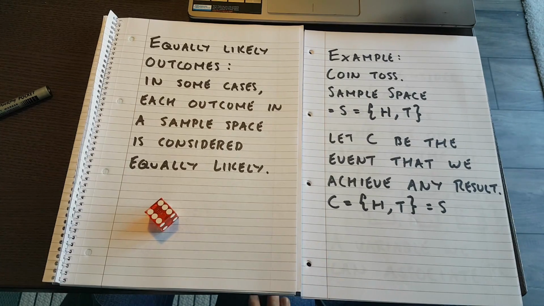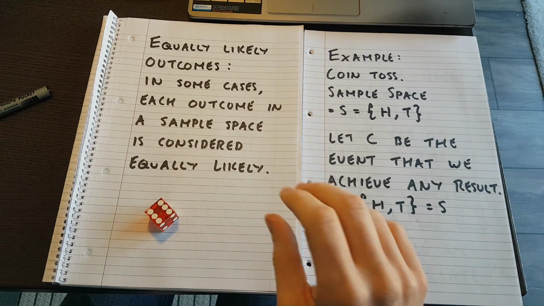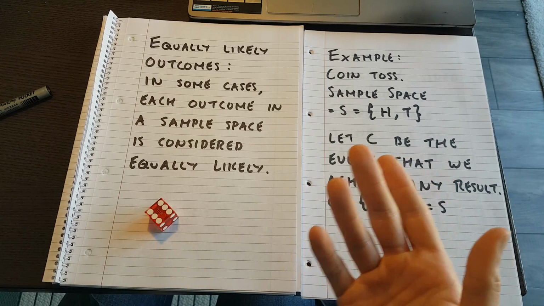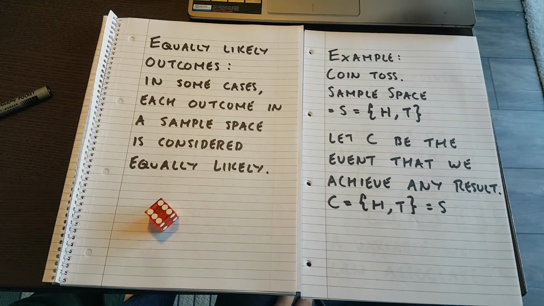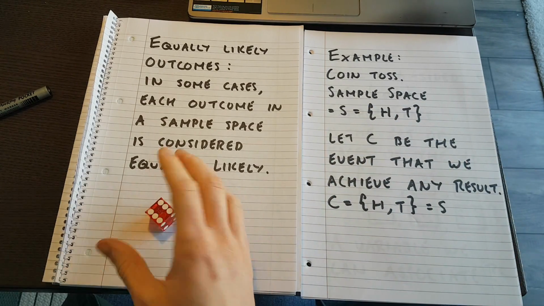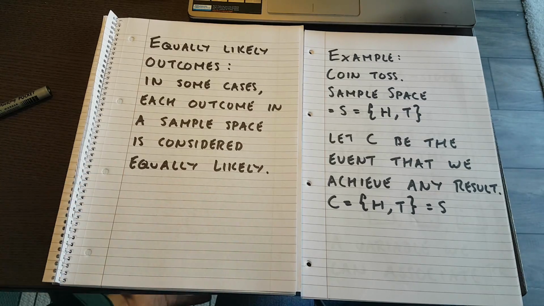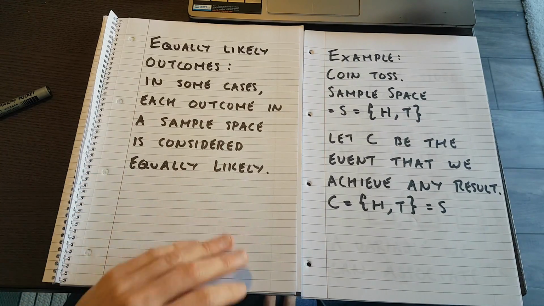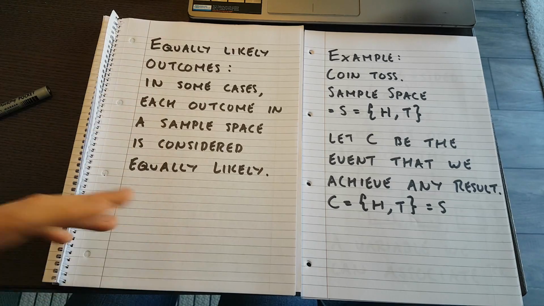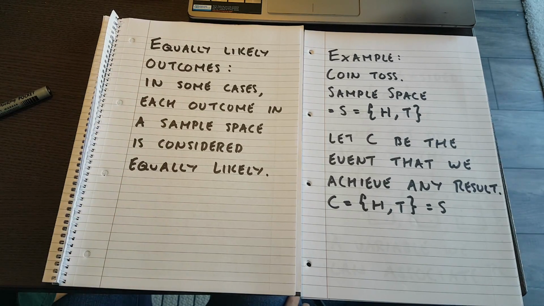But maybe I don't have a fair coin. Maybe I have a trick coin or a bent coin that will tend to fall on one particular side. In that case, those outcomes would not be equally likely. So equally likely outcomes are sometimes the case, and we'll look at examples where they are, but it's not always guaranteed.